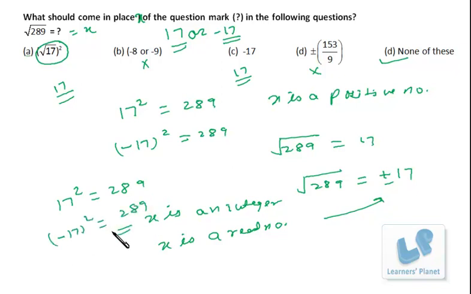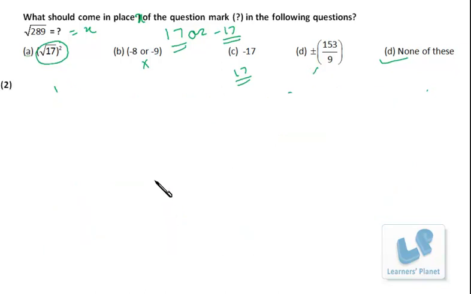So we should be clear about the value of x, which is not there in this question. So we have marked none of these. I hope you are clear with the entire concept. Whenever an unknown quantity is there, beware and do not assume it is a positive value.